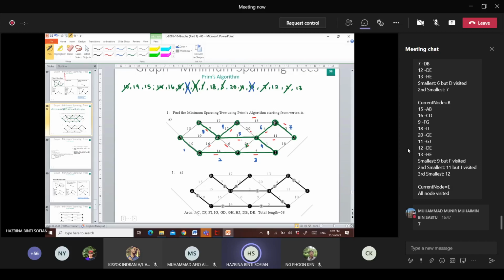So we check to see that we have visited all of the vertices. Next, we can calculate the length. So this is 1, 1, 2, 2.